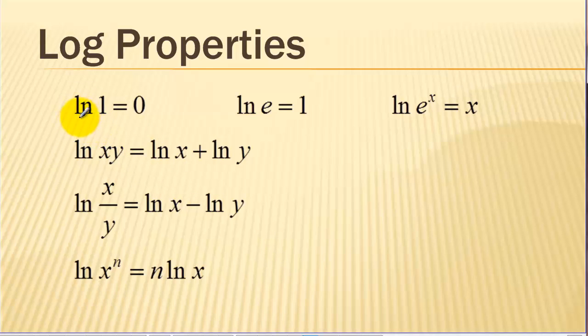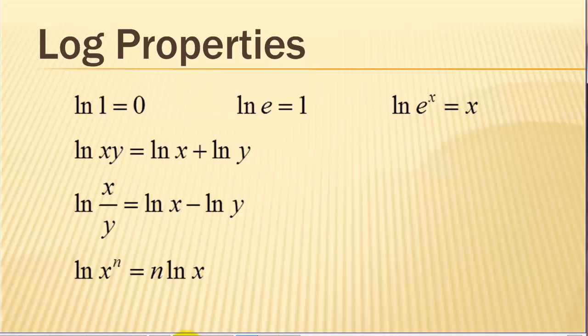So the log of any base of 1 is 0. Again, that's because any number raised to what power equals 1, the answer would equal 0. So the log of 1, no matter what the base is, is going to be 0.